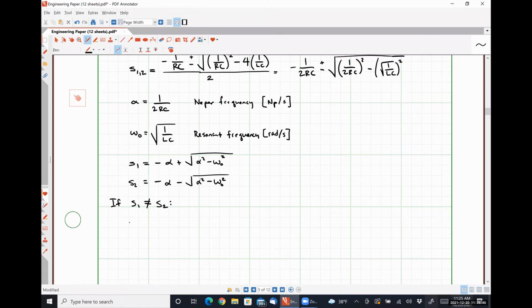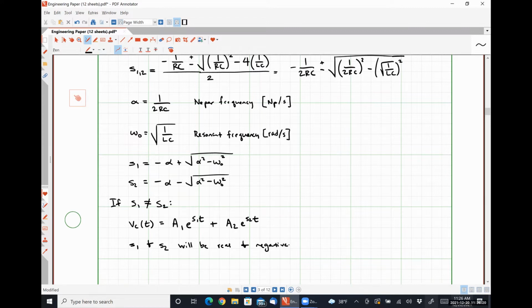our response VC of t will be of the form A1 e to the S1 t plus A2 e to the S2 t. In both cases, S1 and S2 will be real and negative.